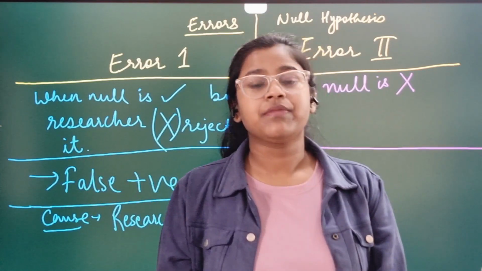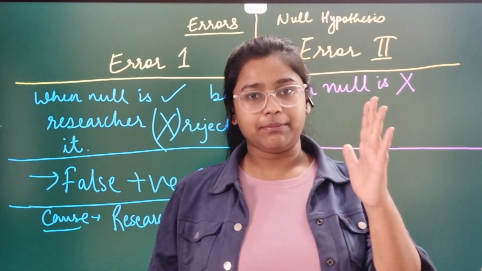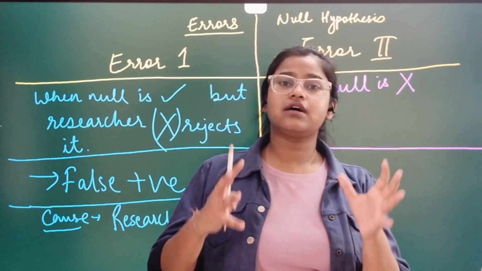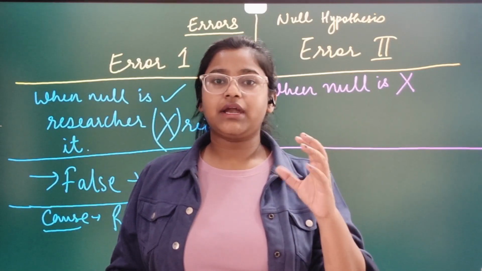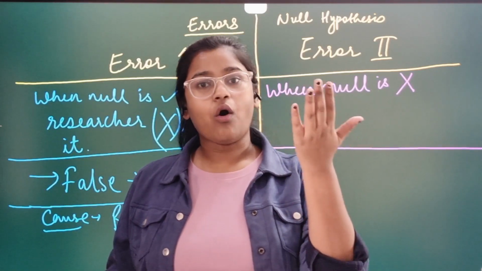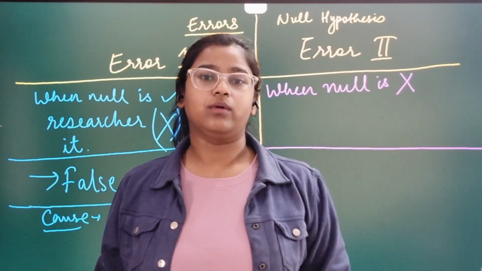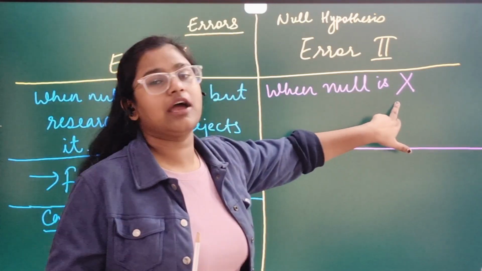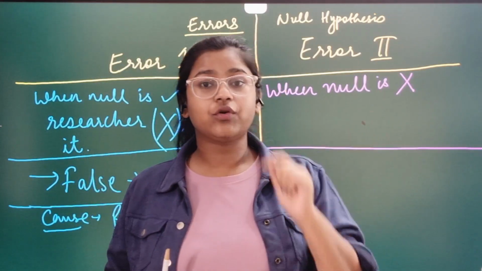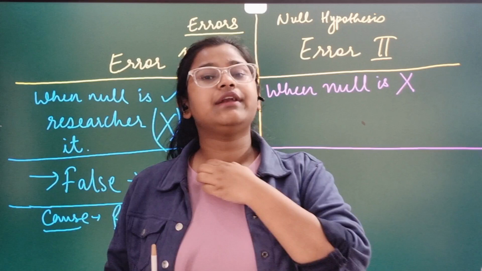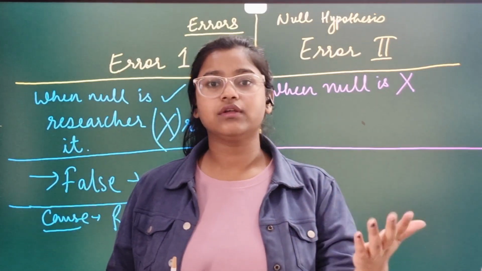It means, ma'am, that if I manipulate my independent variable, there is a significant change in my dependent variable. Either my dependent variable is increasing or decreasing. It is not equal. Then I reject my null hypothesis. In this condition, when I reject my null hypothesis, what do I have to do? Ma'am, you have to create an alternate hypothesis and carry out the research.